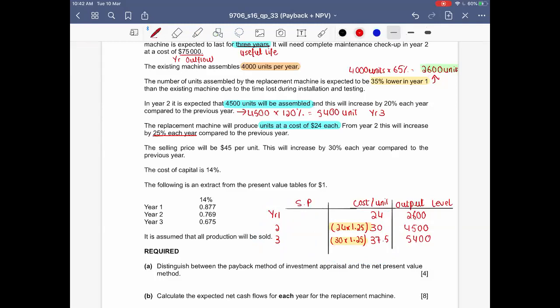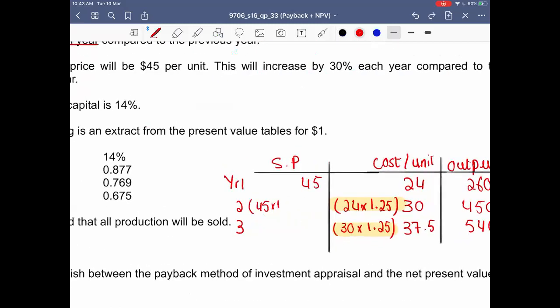Year 1 it's 45, year 2 58.5, then it will further increase by 30%, that is 76.05.